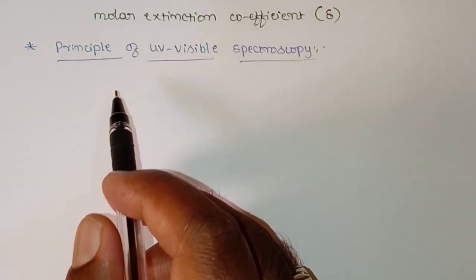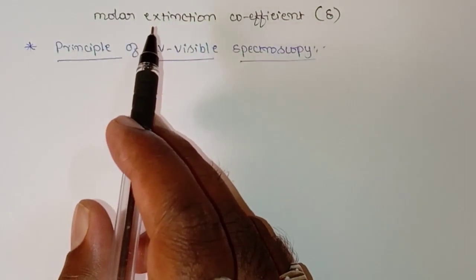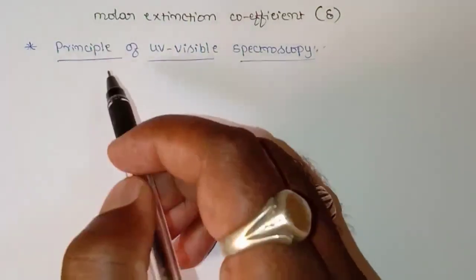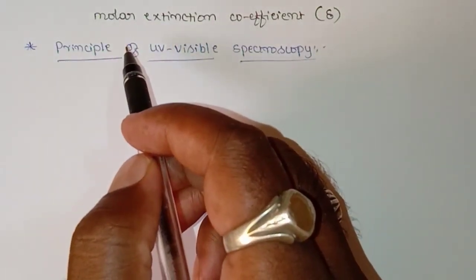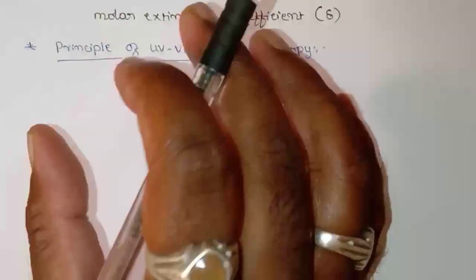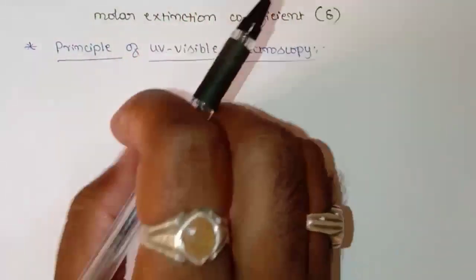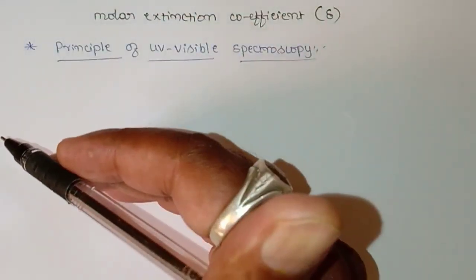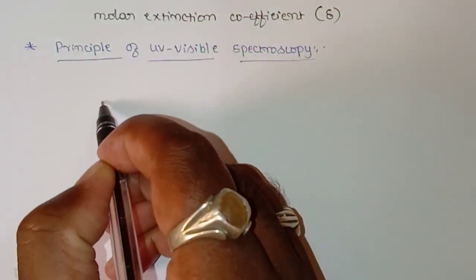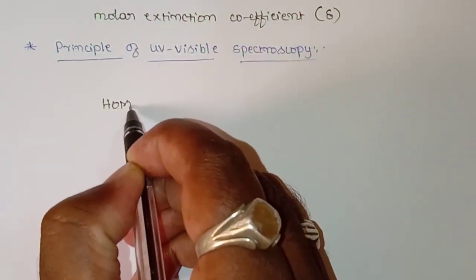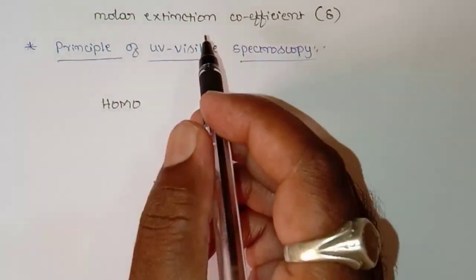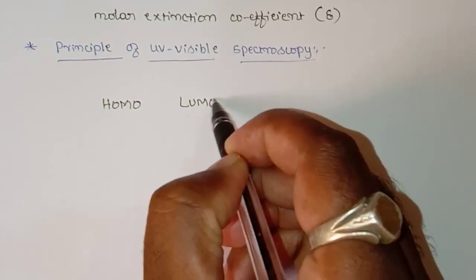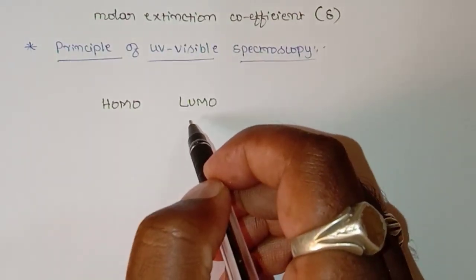In UV visible spectroscopy, the absorption of radiation in the region of 200 to 800 nanometer leads to promotion of an electron from the low energy molecular orbitals, the highest occupied molecular orbital, HOMO, to the high energy vacant molecular orbitals, the lowest unoccupied molecular orbital, abbreviated as LUMO.